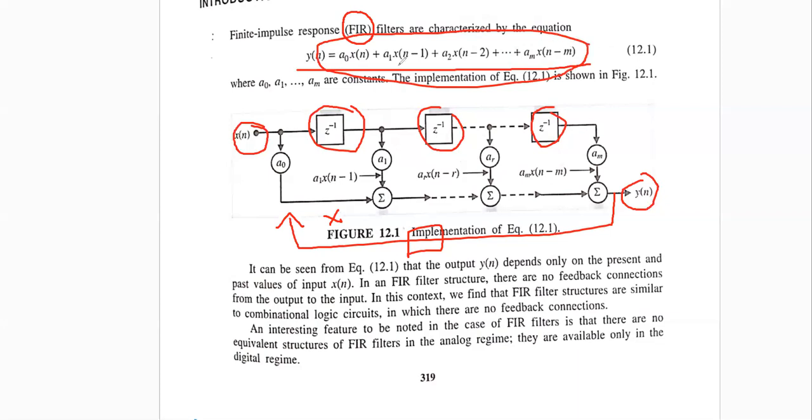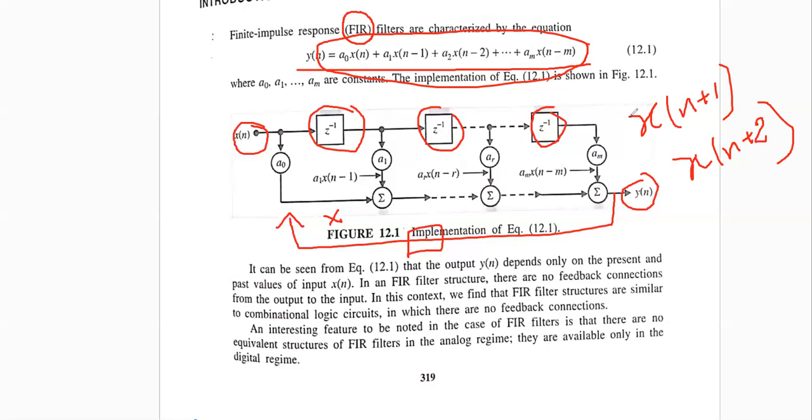And this is for the causal system. If there is a non-causal or anti-causal system, then we might also have x[n+1] and x[n+2]. That sort of term may also be introduced with this delayed term, and that is a non-causal or anti-causal system.